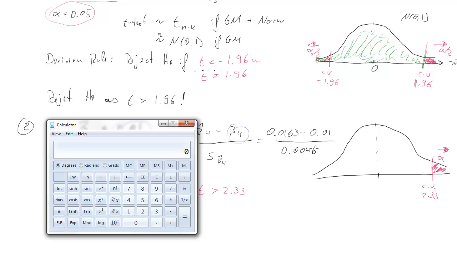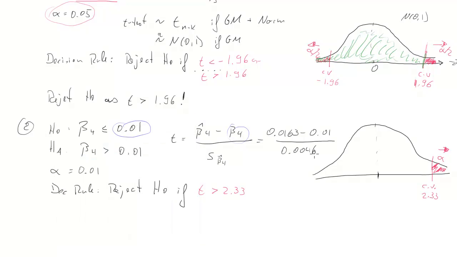In the numerator we have 0.0163 minus 0.01, and then divided by 0.0046. And what we get is approximately 1.37.